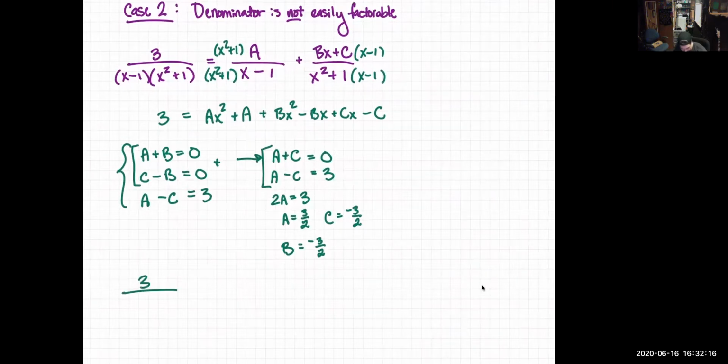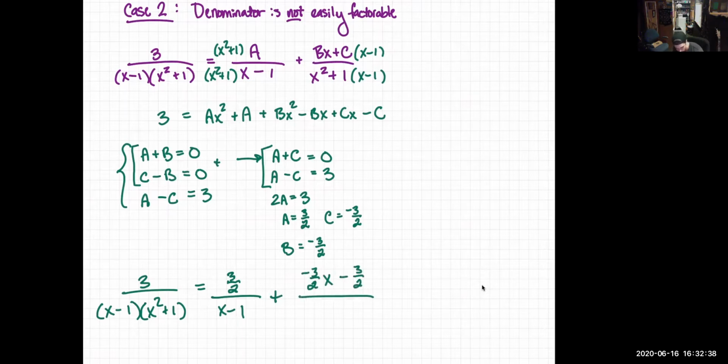This gives us that our original expression, 3 over (x minus 1) times (x squared plus 1), does have a partial fraction decomposition. It ends up being, in this case, 3 halves over x minus 1 plus (negative 3 halves x minus 3 halves) over x squared plus 1.